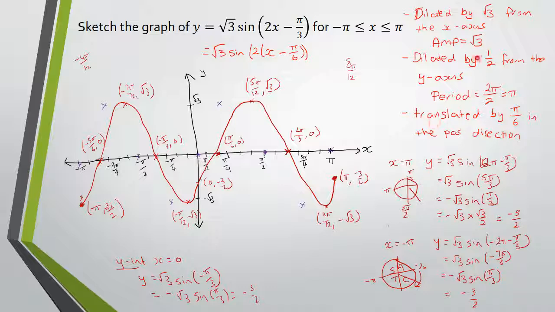But if you're not told, or if you're told to label all key features, then you need to do as I've done right here. Third thing to be careful of, use a ruler for your axes and divide up the scale reasonably. Make sure that your shape looks symmetrical when you sketch it. And always find the endpoints, because we do need to sketch our endpoints.